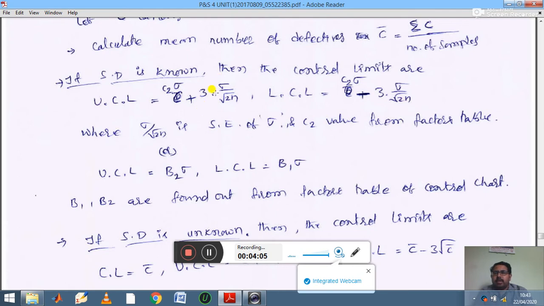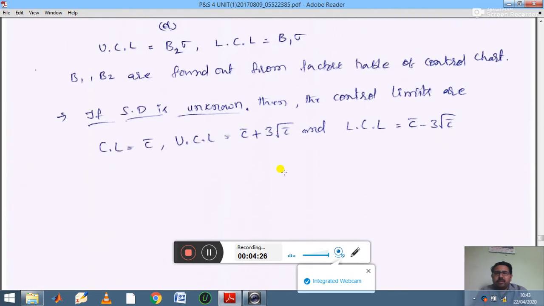Here sigma by square root of 2n indicates the standard error, and of course C2 values they are giving in the data. No need to worry. Sigma values and C2 values they are giving in the data. Then easily you can calculate UCL and LCL.